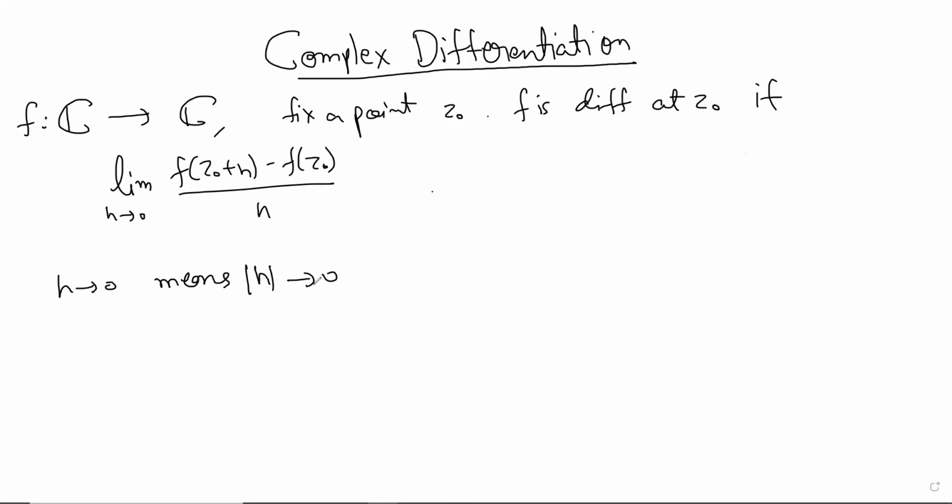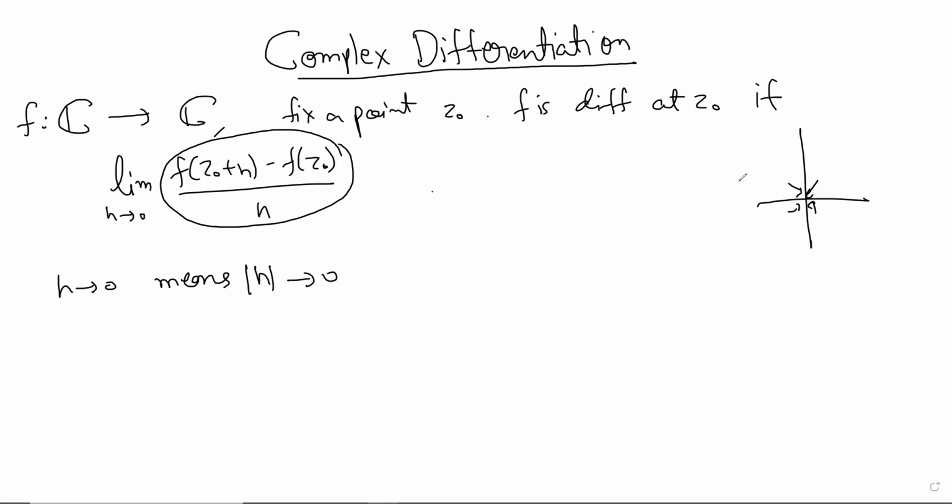It could be approaching the origin from any direction. This limit must exist no matter how you approach 0. So it's a really strong condition, because you have to check all possible h and all possible ways in which it can approach.